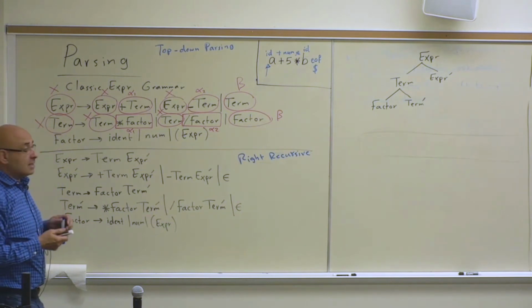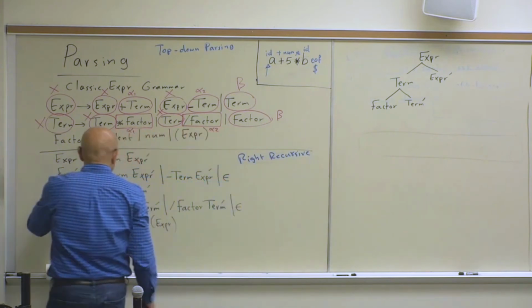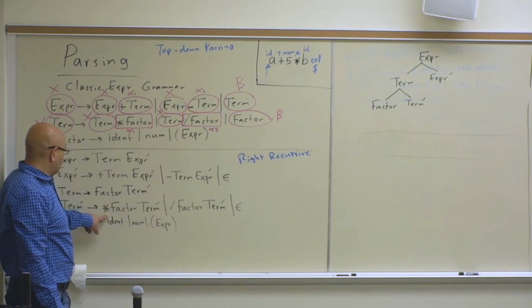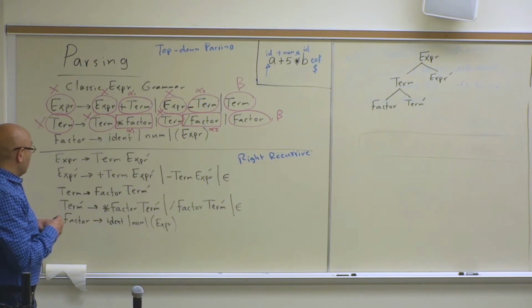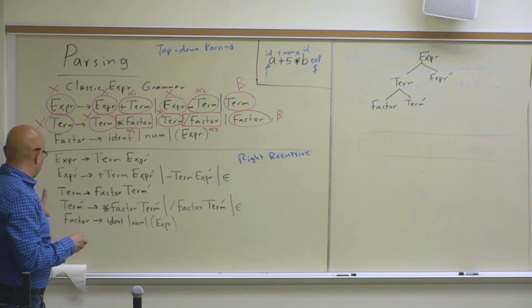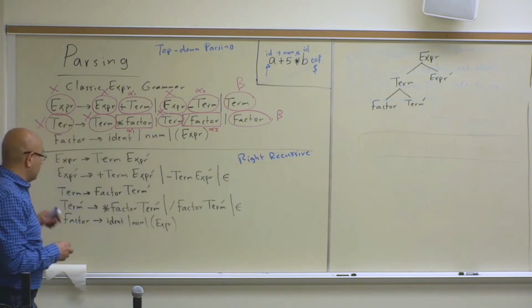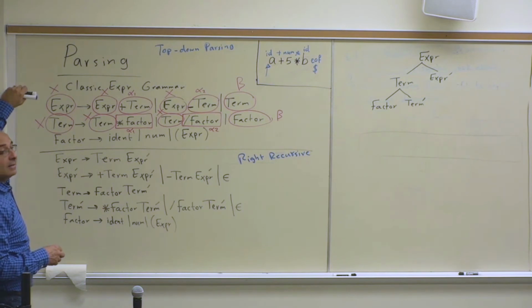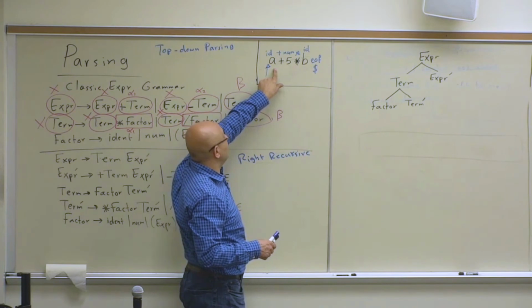Now we need to find an expansion for factor. For factor, it's identifier, number, or parenthesized expression. Why identifier? Because A is an identifier. Yeah, exactly. Because the next symbol in the string is an identifier.